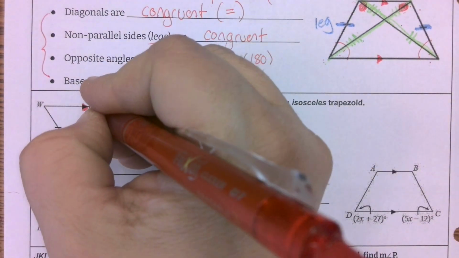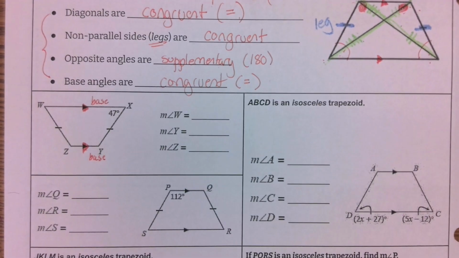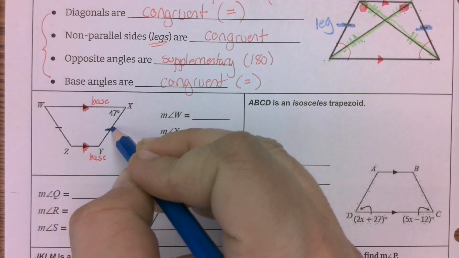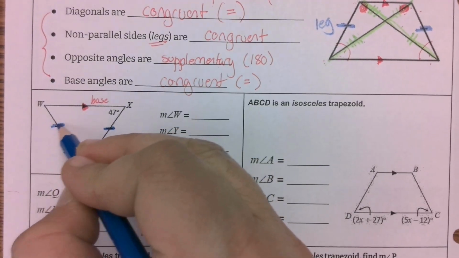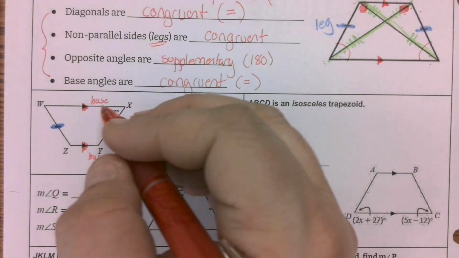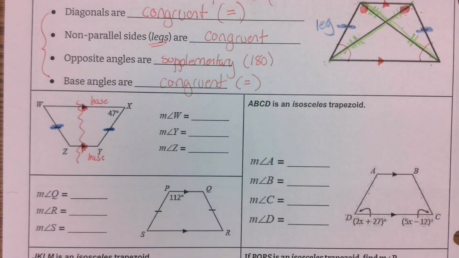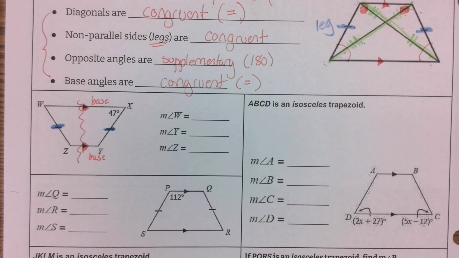So this is our base, and this is our other base. The part that tells us that it's an isosceles trapezoid is that the legs, or the sides that connect the bases, are congruent. So we're going to draw a line separating our sides, and go ahead and calculate the parts that it's looking for.